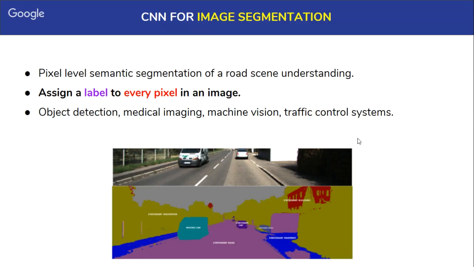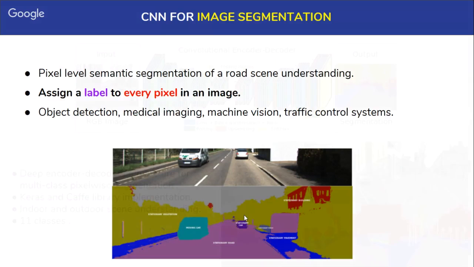Based on the probability score for each class, we have a predefined color value for each class, and we assign that color value, in this case yellow or blue or whatever.